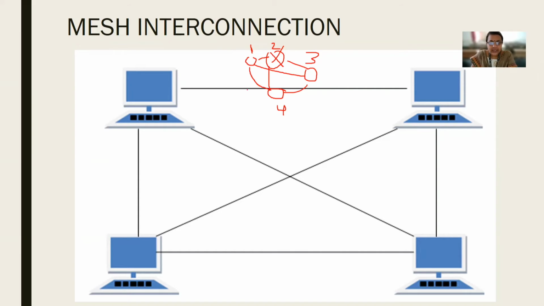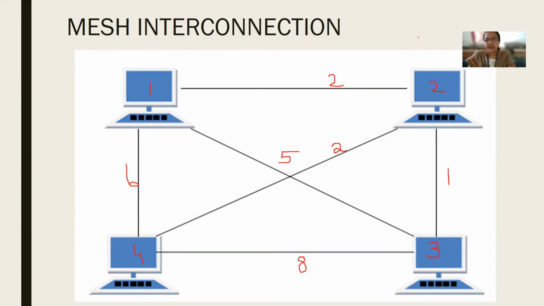In the routing technology, here to here the distance will be 2, from here to here it will be 1, and from here to here the distance is 5.